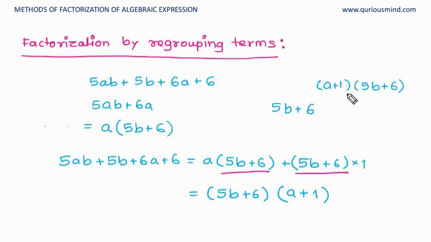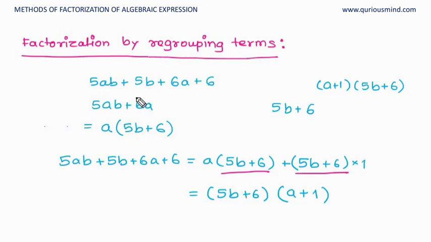If we observe, we have got the same factors. Here a plus 1, here a plus 1, 5b plus 6, 5b plus 6. The only thing is the order is different. But we know in multiplication the order does not matter. And hence we have got the same irreducible factors using factorization by regrouping terms.